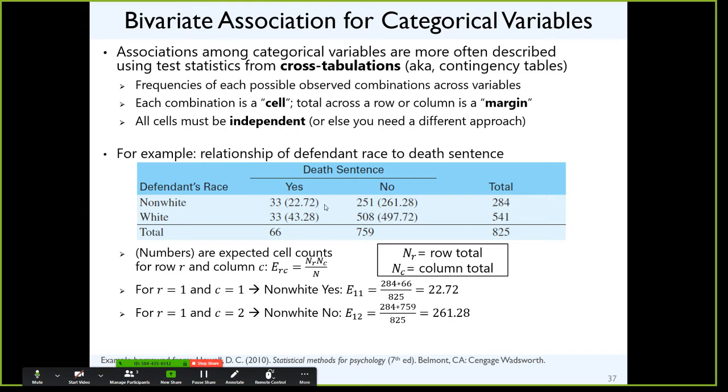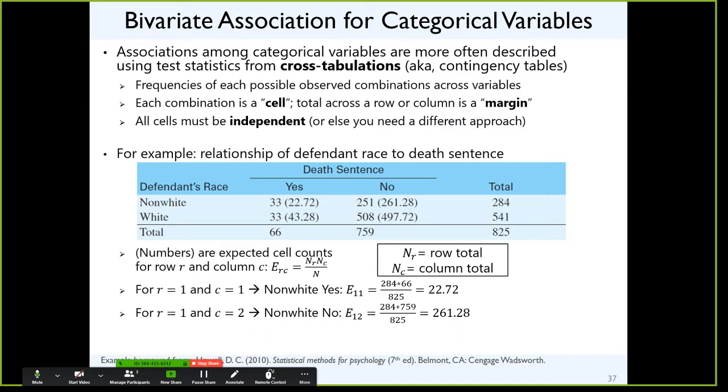The language that goes along with this table: the unique combination of values across variables is called a cell. So for instance, there are 33 non-white people who were sentenced to death, 33 white people who were sentenced to death, 251 non-white people who were not sentenced to death, and 508 white people that were not sentenced to death. Those are the numbers. That's what you get when you put it together.